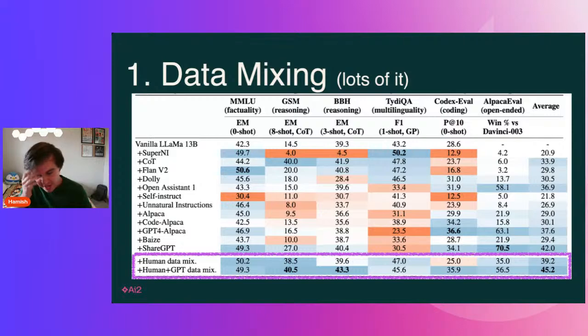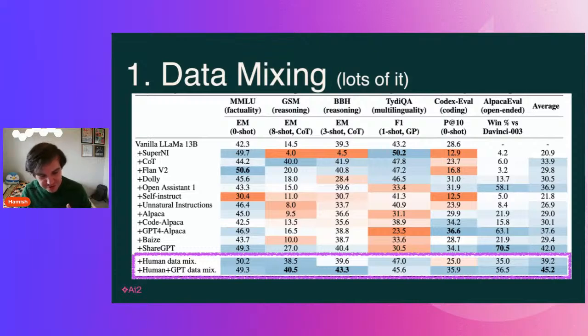And to take a chart from our original paper here, maybe this is somewhat obvious, but different data sets were particularly good at particular things. So coding data sets were better for coding, and your more synthetic chat oriented data sets did better for chat, and so on.